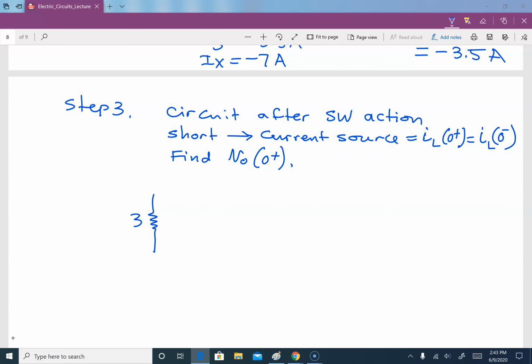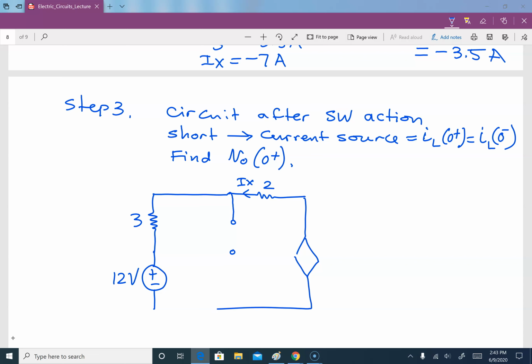That is a 3 ohm, plus minus, this is 12 volts. That is, the switch is open. Our Ix is here. This is 2 ohm. Our voltage source, which is the dependent one, is here, and that is 2Ix. We replace our inductance with a current source, and we assume the direction to be this way, but the value came out to be negative 3.5 ampere.